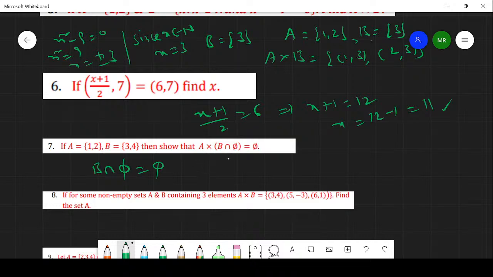Now A cross (B intersection empty set) is A cross empty set, which gives empty set. In a Cartesian product, if one of the sets is empty set, then the final output will be the empty set. So this is the proof here.